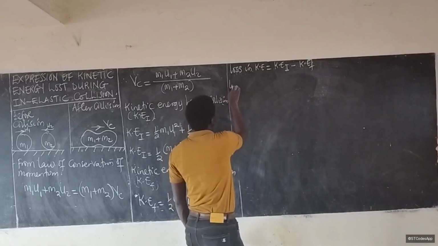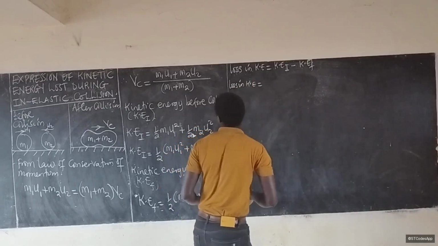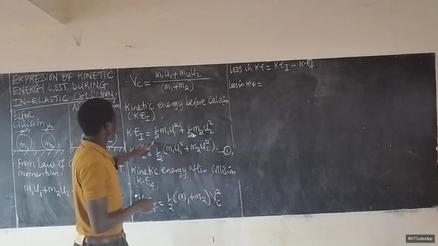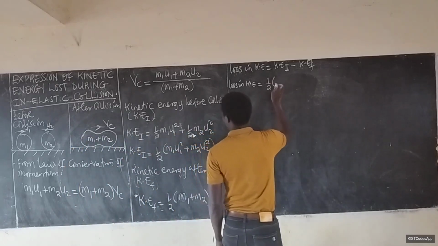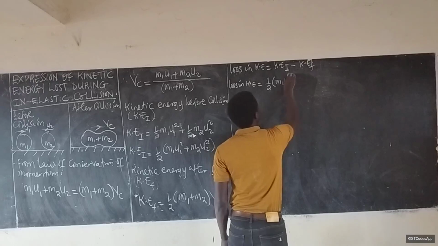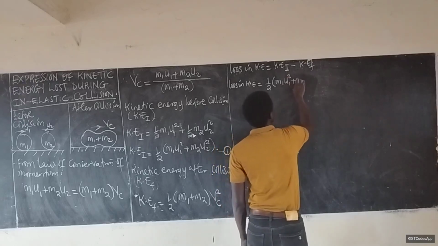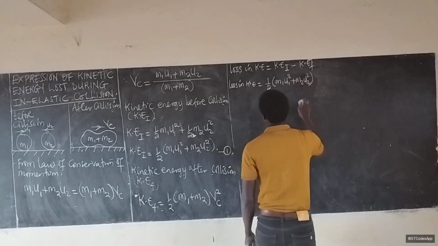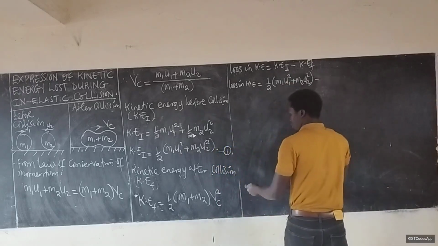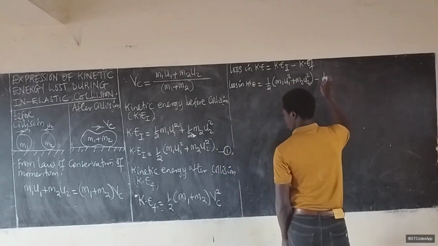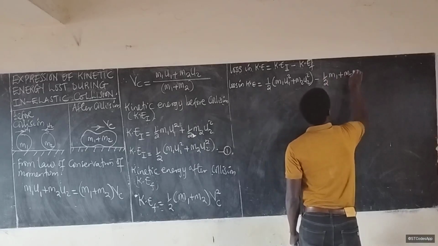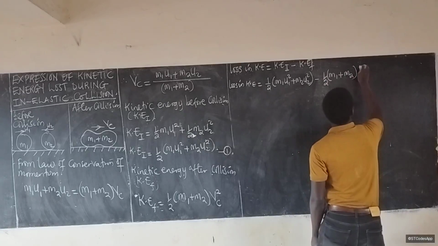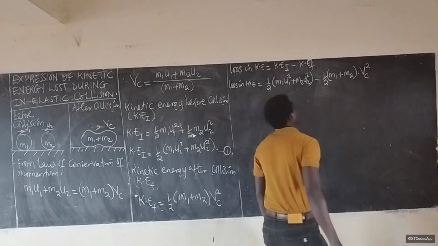So we shall have loss in kinetic energy would be equal to kinetic energy initial, which is here. I have a half, open a bracket, m1 u1 squared plus m2 u2 squared, and then minus final, which is a half, m1 plus m2, and this is times vc squared, like that.